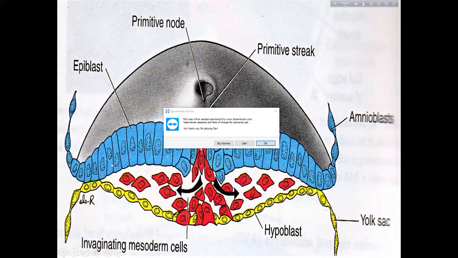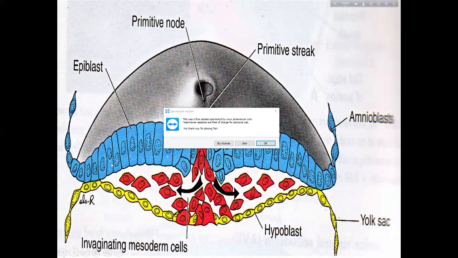Look here again, this figure is very important. You have to draw it. I'm telling you again, this is the primitive streak, which is nothing but proliferation of epiblast cells. This is the dorsal aspect, and this is the ventral aspect of the embryonic disc.